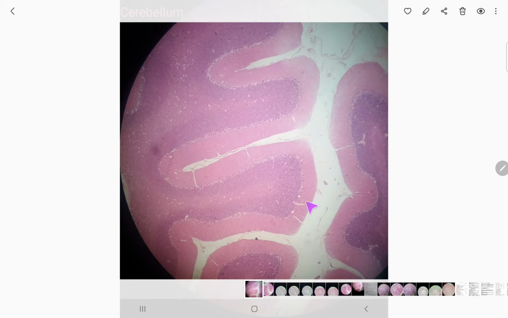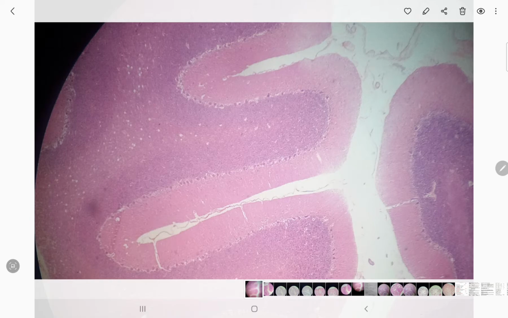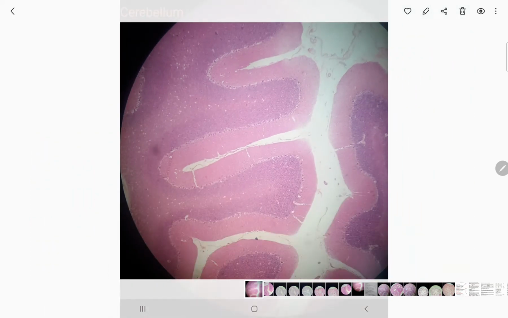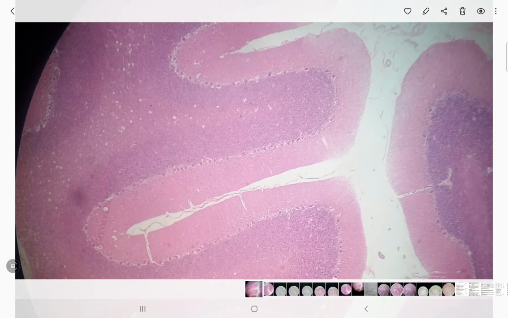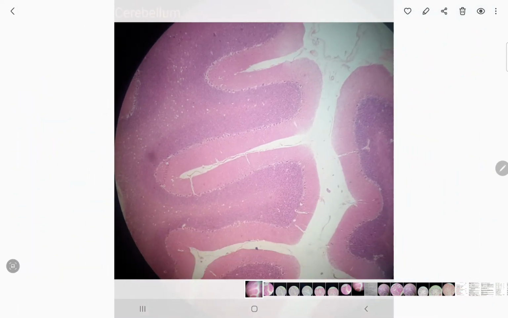These folia are covered by a thin connective tissue layer of pia mater. Now, the identifying features of cerebellum are: number 1, numerous cerebellar folia are present.